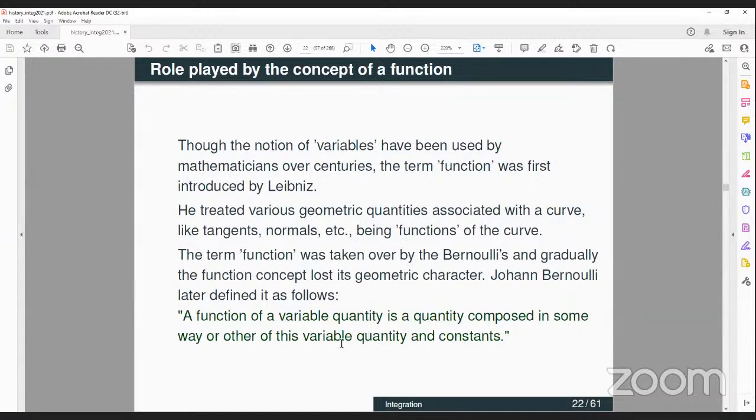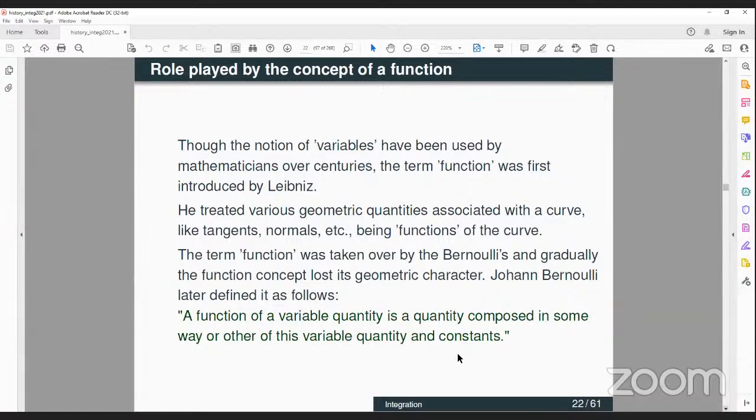A function of a variable quantity is a quantity composed in some way or the other of this variable quantity and constants. So it's more or less what we think of as a function nowadays, but it is not written that way. It is written as something that is composed in some way or the other.